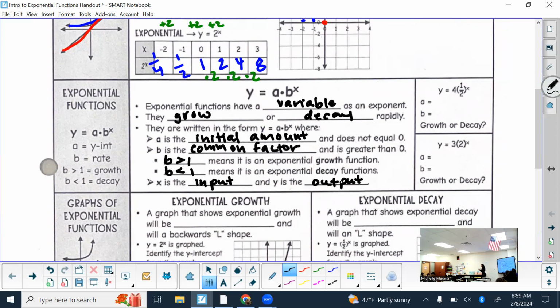Because in all these situations, we're usually talking over a period of time. So you could put x is time. But y is the output. So if we talk about different things like bacteria, growth of algae, dollars, population, y is just output. So good on that one?